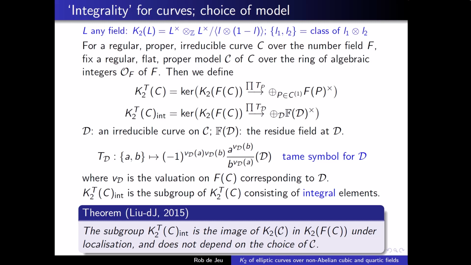so to every class in the tensor product, f, g, you associate this thing on a point of codimension 1 in your curve or in your surface.